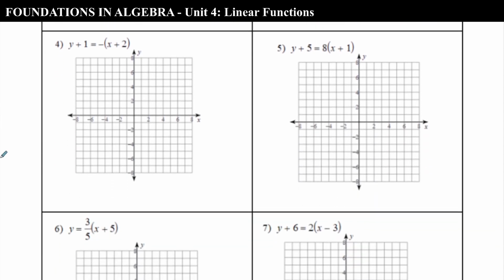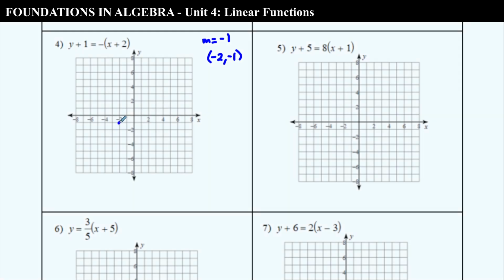For number 4, we have a slope of -1, because this is understood to be -1 times x plus 2. Our x coordinate is -2. Our y coordinate is -1. So now we're going to plot this point, -2, -1.